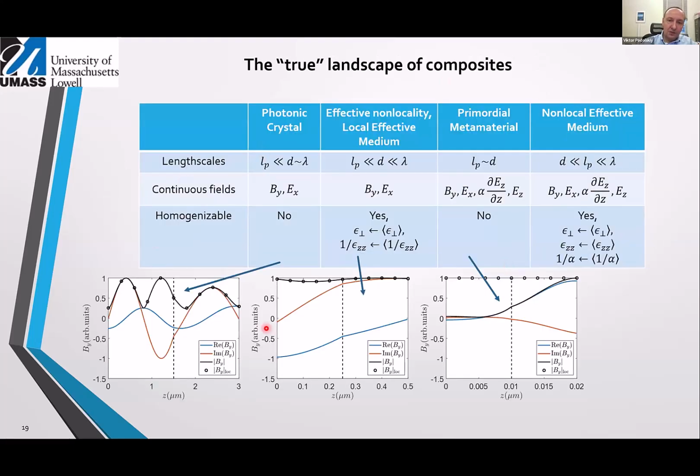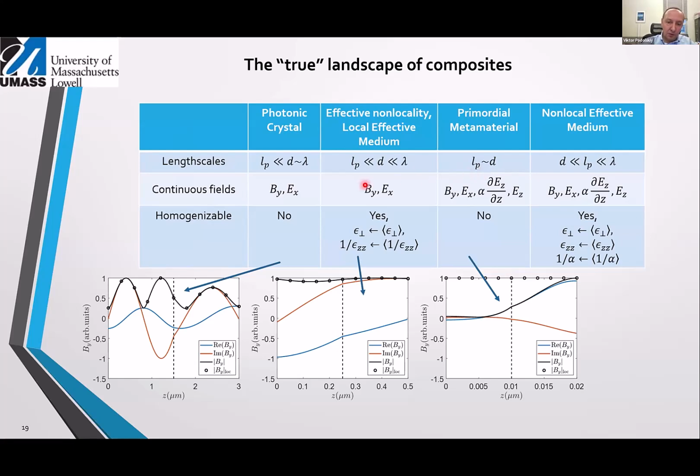So this is sort of a map as we see it now. This is the map of material response that has two new regimes. We have a regime of primordial metamaterial, where the scale of the material is now comparable to the inherent scale of non-locality of the component.